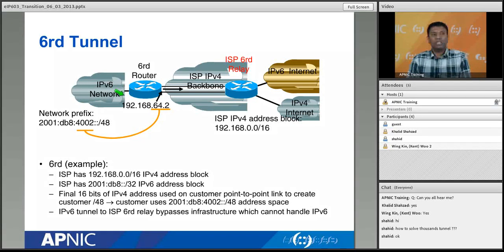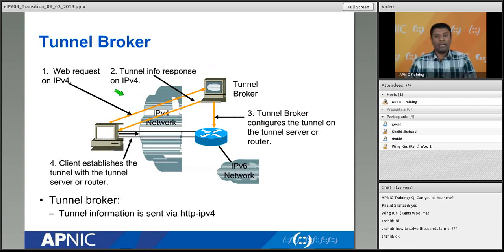Make sense? So this is how a 6RD tunnel works. No difference from 6to4. Exactly the same. The only difference is that in 6RD you use your own prefix, and when you encapsulate your IPv4 address, you take the host part of it, not the network part. Make sense?